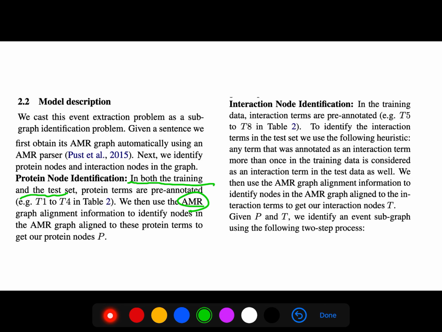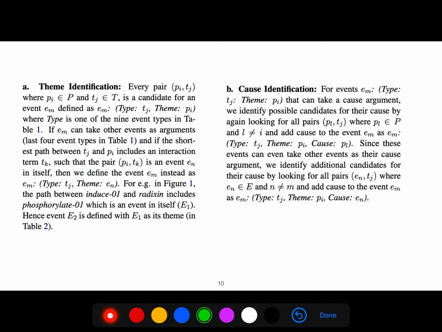We then use the AMR graph alignment information to identify nodes in the AMR graph aligned to the interaction terms to get our interaction nodes T.